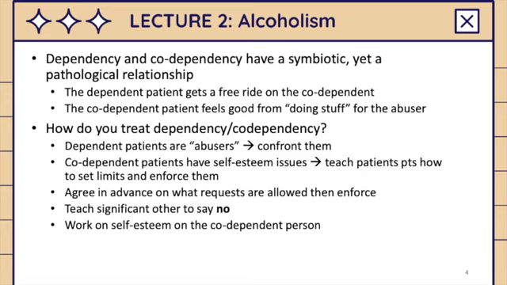But that's not good enough. That alone will not work, because you must work on the self-esteem of the codependent person, or it will never work. Because as soon as the codependent starts saying no, what will the dependent abuser start saying? You don't love me anymore. You're a mean, nasty old whatever, because you are just horrible.